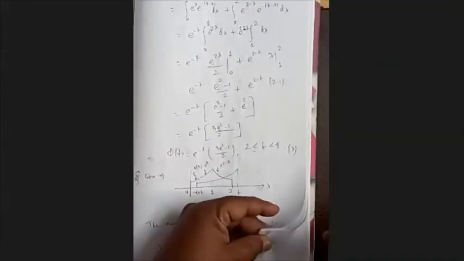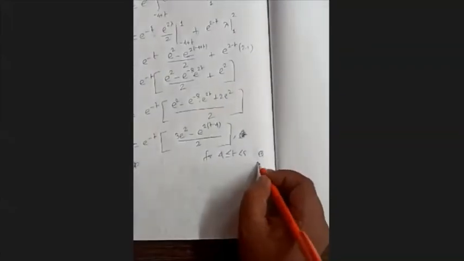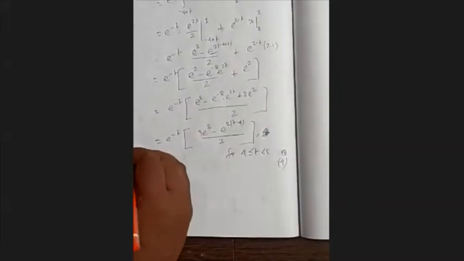Okay, let's start. So it is relation 3, relation 4. This is our relation 4. Okay, so phi t.